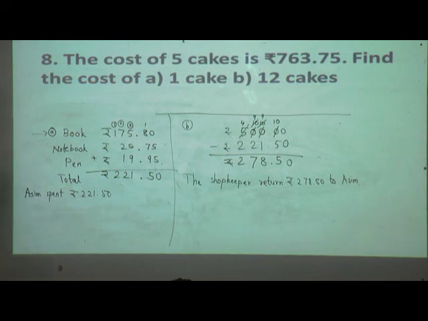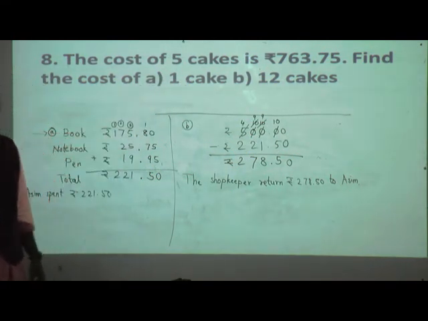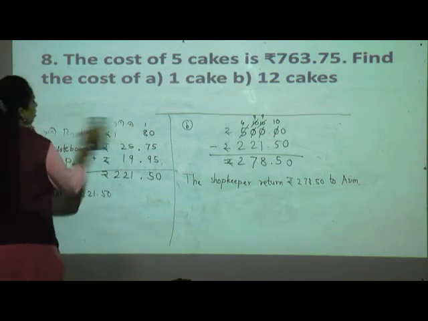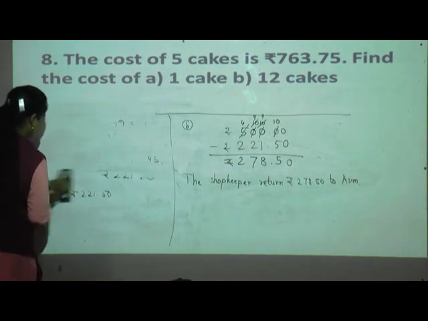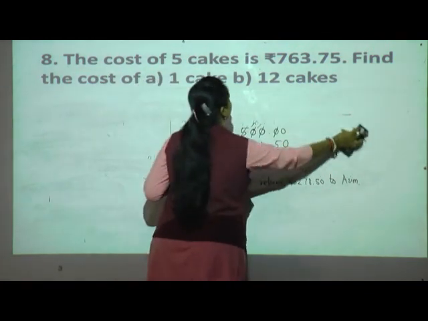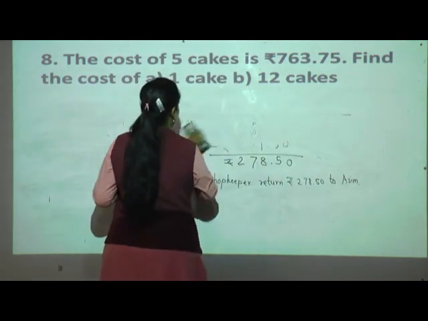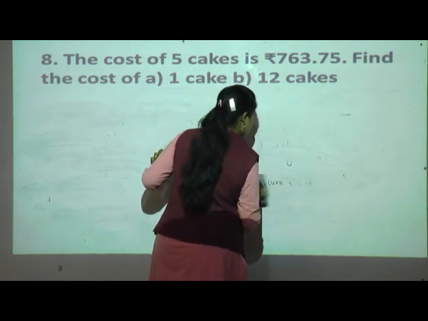Now see, the cost of 5 cakes is rupees 763.75, and find the cost of 1 cake and 12 cakes. So what will you do? Just think everyone. They are given together 5 cakes. So to find out the 1 cake cost, what will you do, students?